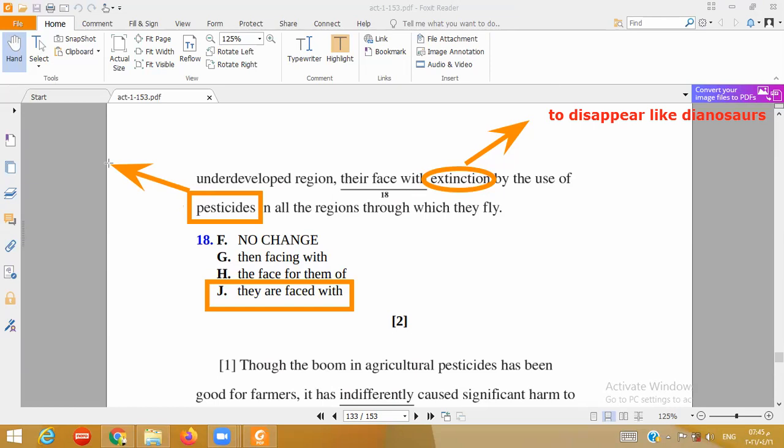So, what does pesticides mean? Pesticides are like chemicals we put on the plants to grow healthier and bigger.